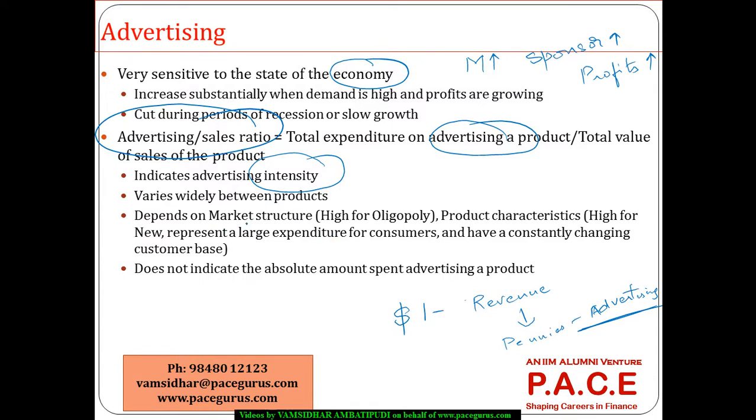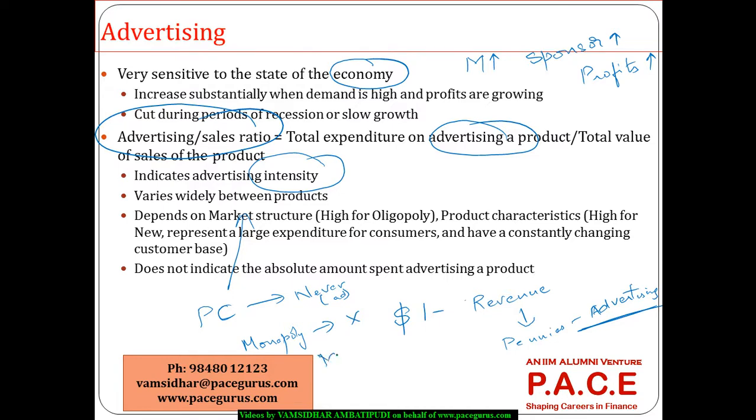And a few important items come out: market structure. If I think about any perfectly competitive company, it never advertises. Or you look at any monopoly, very rarely is there any kind of advertising.